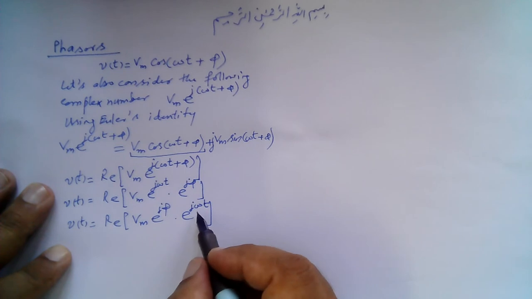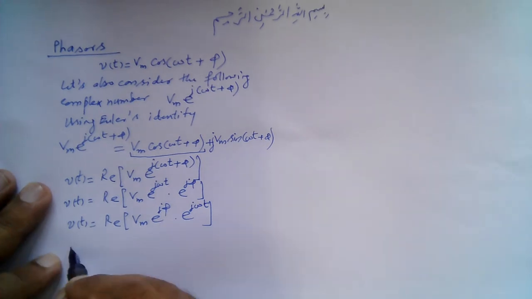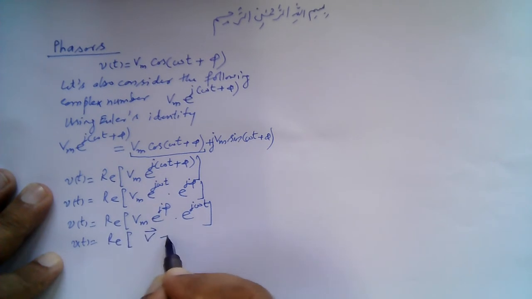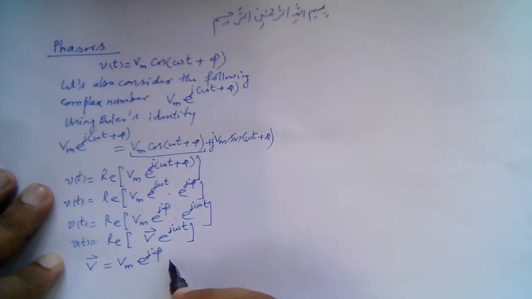The term e^(j omega t) involves time and is variable, but Vm is a constant and phi is a constant. So we can write it like this: Re of V bar e^(j omega t), where V bar is equal to Vm e^(j phi), or we can write it as Vm angle phi in polar form. This is the exponential form, this is the polar form.